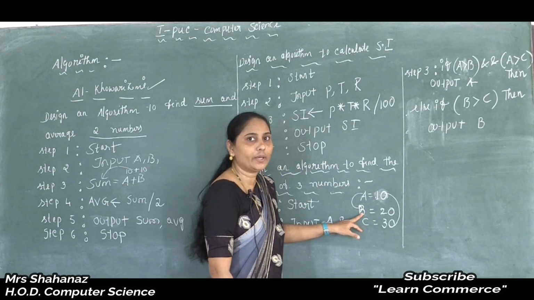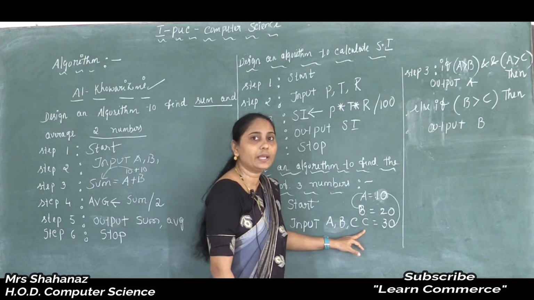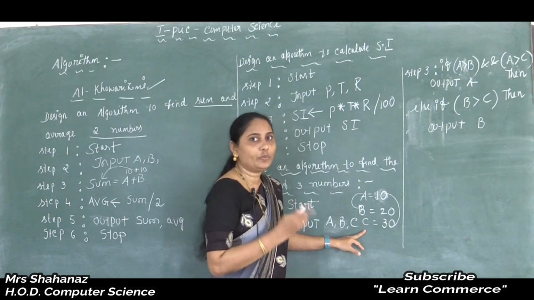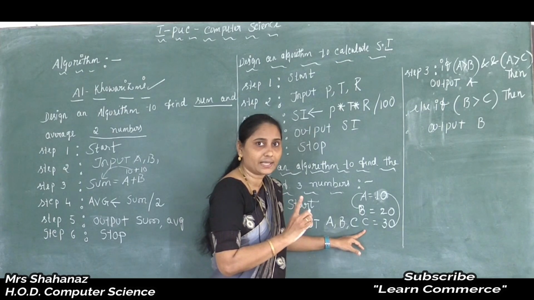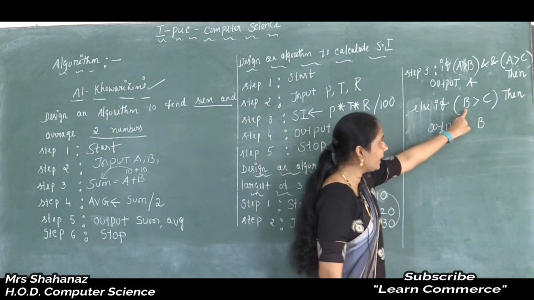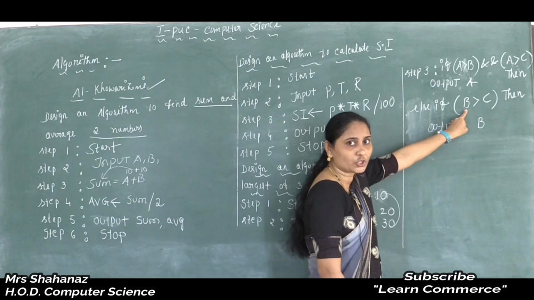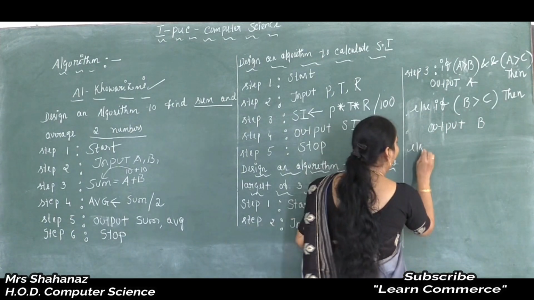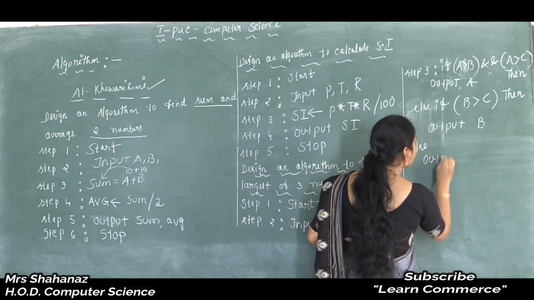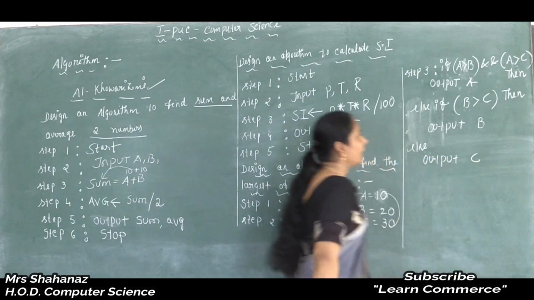No, B value is 20, but C value is 30 in this case. So we can say that the C value is the greatest. Correct? So if the condition is true, then output B, else output C. Clear this point here?